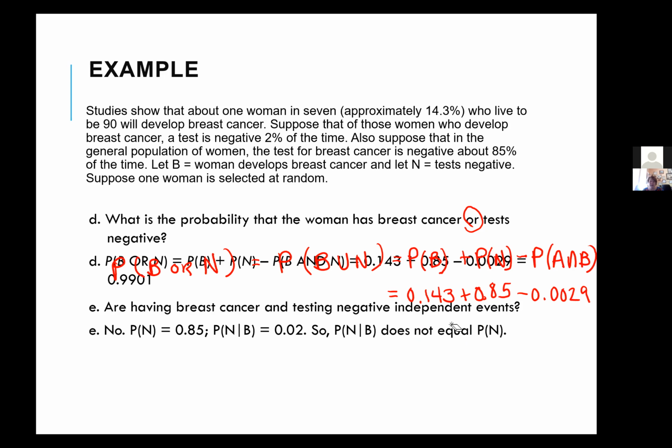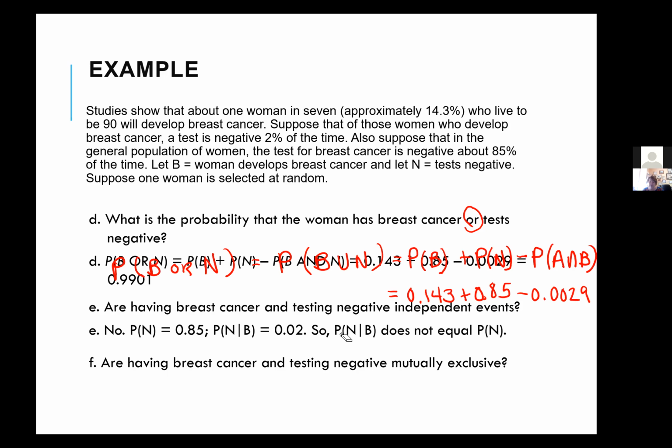Since the probability of testing negative is 0.85 and the probability of testing negative given that you actually have breast cancer is 0.02, the probability of N given B is not equal to the probability of N. And for these to be independent events, that has to be true, that the probability of N given B has to equal the probability of N.